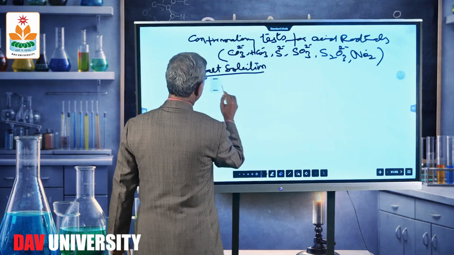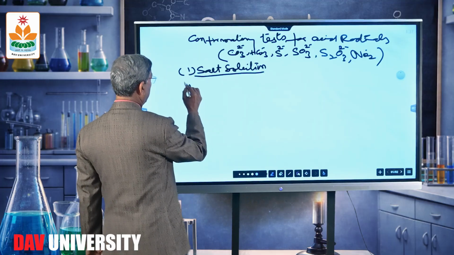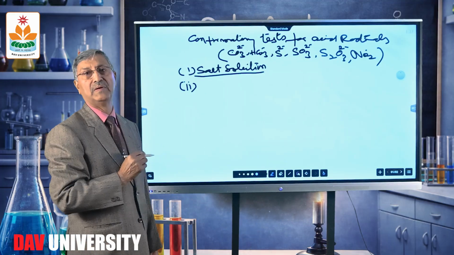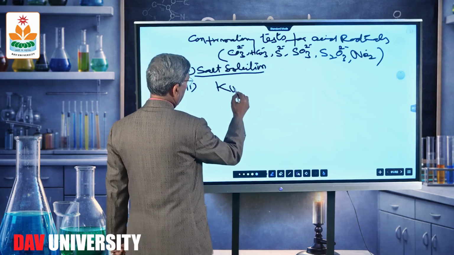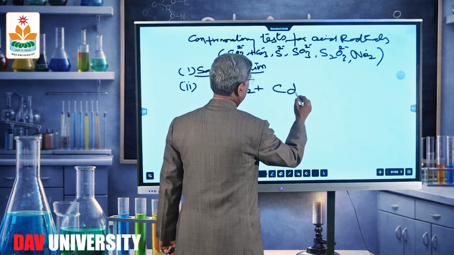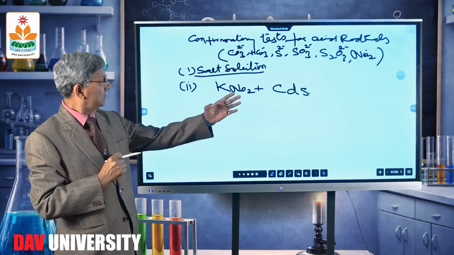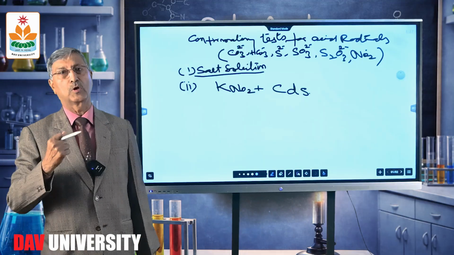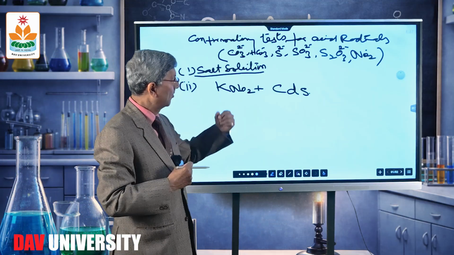Now, sometimes the salt doesn't dissolve completely. For example, we have got the salt again NO2 plus cadmium sulfide. This salt mixture will not be soluble in water. However, a part of this will be water soluble.